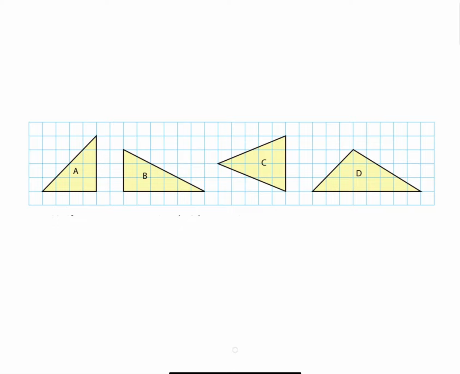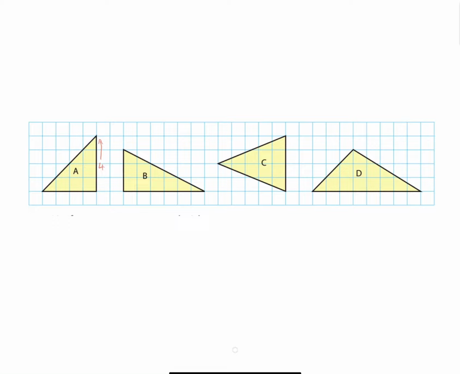So in these questions here, you don't have the official measurements. They're not written down, but what you can see is each of the triangles is on graph paper. So you can easily find out the height of the triangle and the base. So you can see here we got 1, 2, 3, 4 squares, which means that the triangle here is 4 tall.